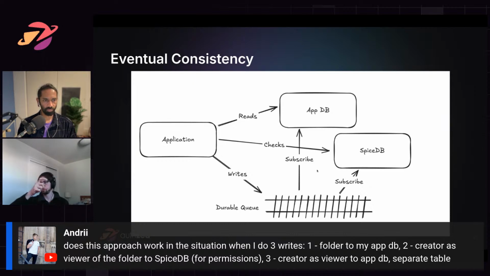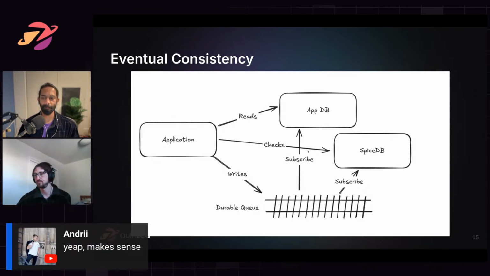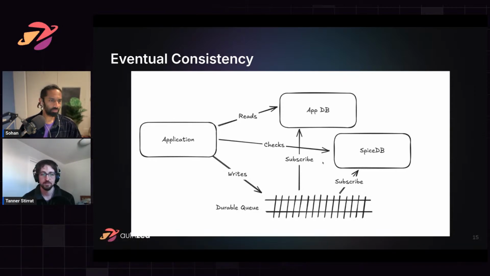So I'm going to write the information about that and the information about the creator in the same transaction, as a response to the same message, and then do the SpiceDB work in a separate one. Does that make sense? Yeah, I think so. I think Andre says that as well. Okay, cool. So this is the event sourcing adjacent idea.